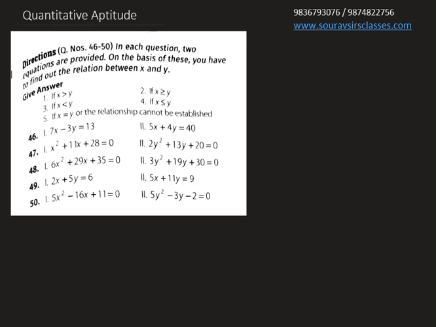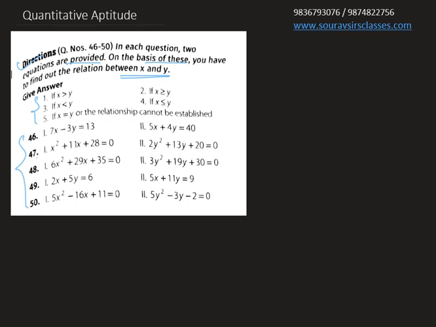So let's start with this question. In each question, two equations are provided, and on the basis of this, you have to find out the relation between x and y. So here we are given 5 relations, and there are 5 questions in this portion.